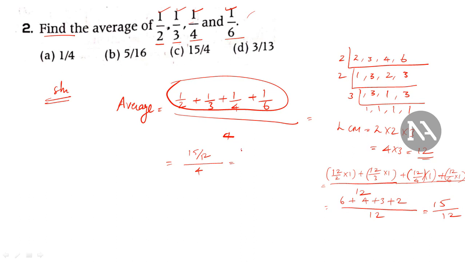Here I can write 15 over 12 and multiply with 4 in the denominator. Here I can divide the numerator and denominator by 3. So 4 3s are 12, 5 3s are 15. So 5 divided by 16, as 4 into 4 is 16. So the final answer is 5 divided by 16. Option B.